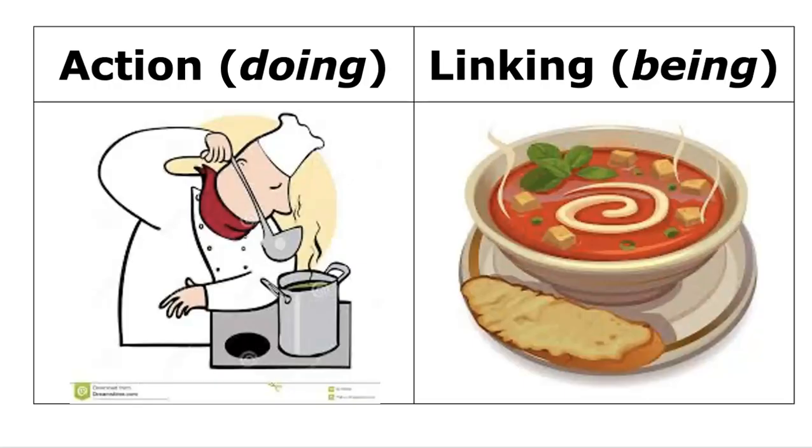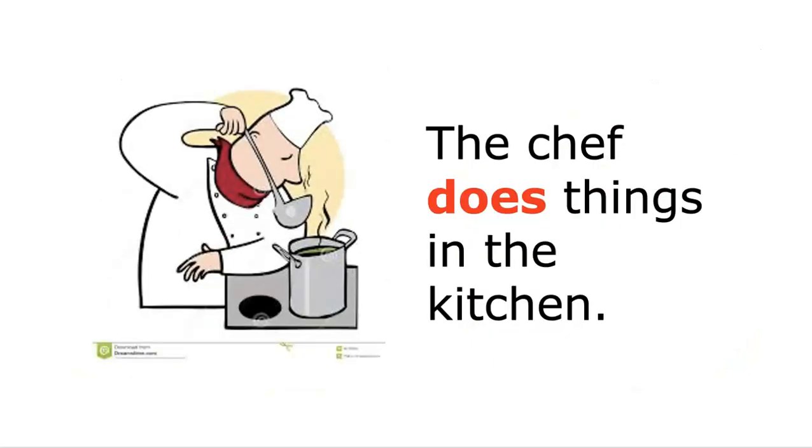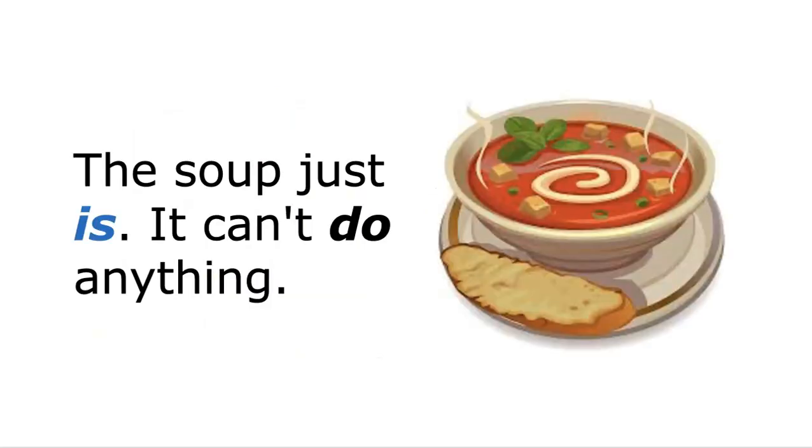The chef does versus a linking verb or a being verb. The soup just is. It's not out there doing anything. The chef does things in the kitchen. The soup just is. It can't do anything.